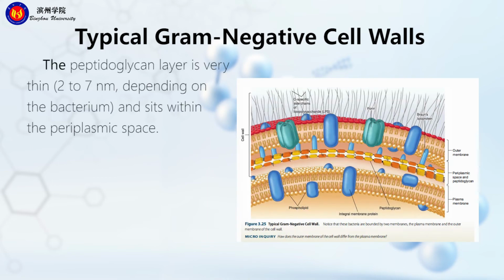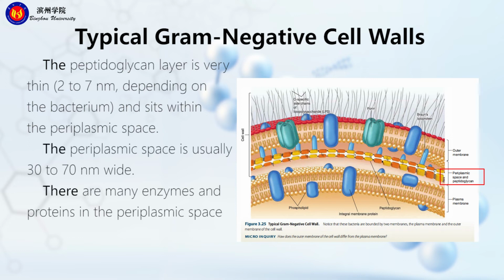The peptidoglycan layer is very thin, about 2 to 7 nanometers depending on the bacteria, and sits within the periplasmic space. The periplasmic space is usually 30 to 70 nanometers wide. There are many enzymes and proteins in the periplasmic space of the gram-negative cell wall.